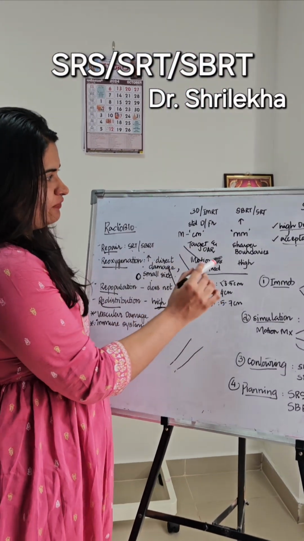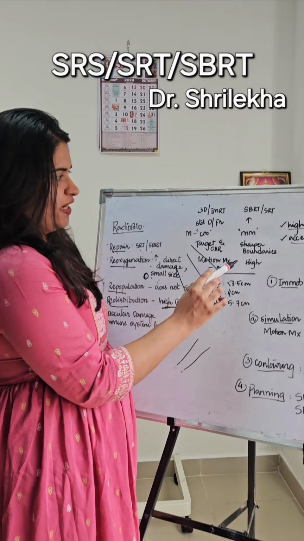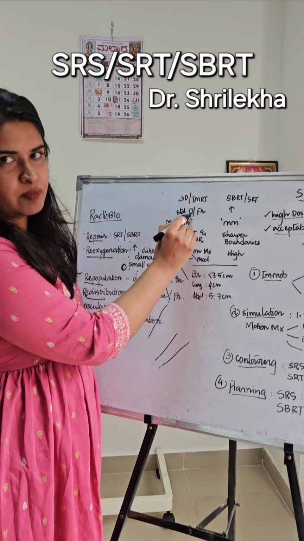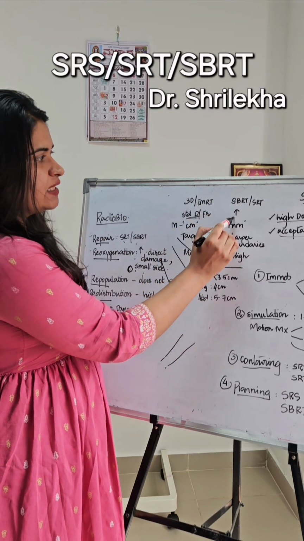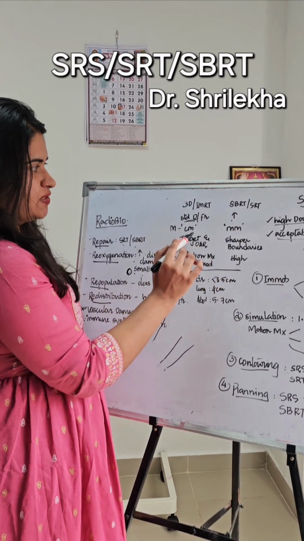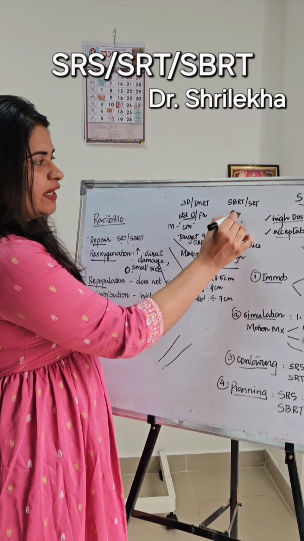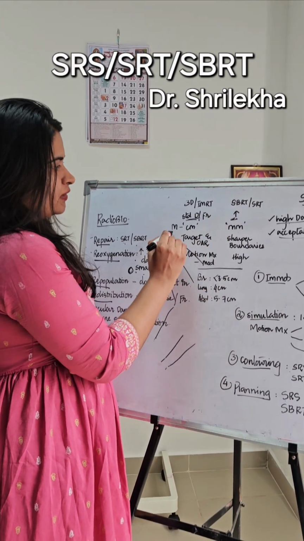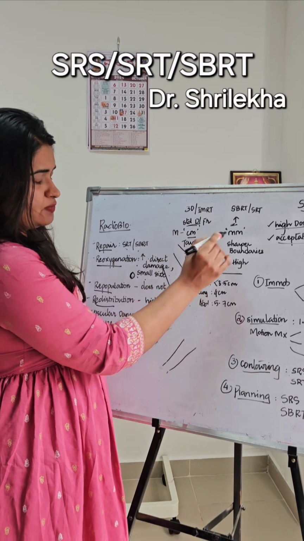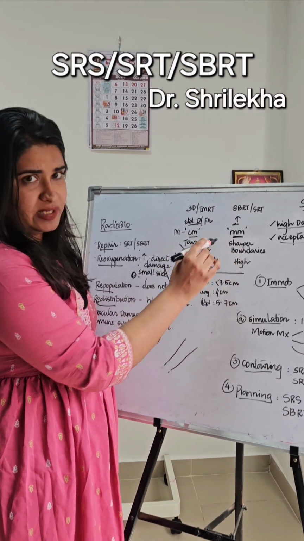Coming to the basic differences between 3D and SBRT, in 3D there is a standard dose per fraction, that is 1.8 to 2 gray, whereas in SBRT there is a higher dose delivered per fraction. So it will lead to higher tumor damage. The margin given in 3D or IMRT is within centimeters, but in SBRT it is within millimeters.